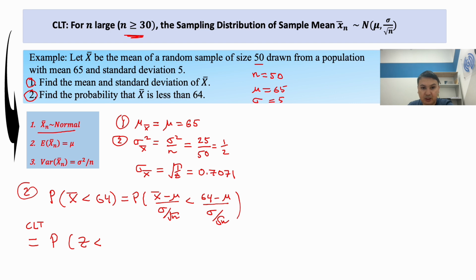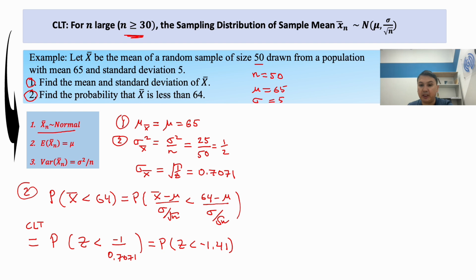Mu is 65, so this is minus 1 divided by sigma over square root of n, which is 0.7071. That's the probability of z. If you divide minus 1 by 0.7071, you get minus 1.41.